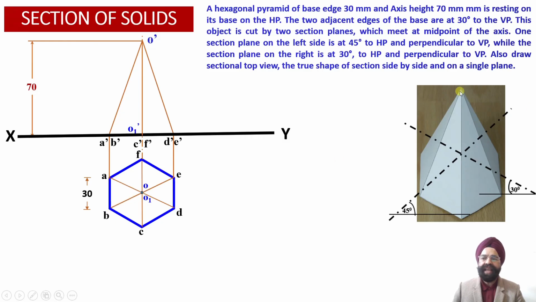This slant edge OB is going to cover or overlap the slant edge OA, which lies on the rear side. So that is why the object line projections corresponding to the slant edge OB in the front view, O dash B dash, are going to supersede or overlap the dotted line projections corresponding to the slant edge O dash A dash over here.